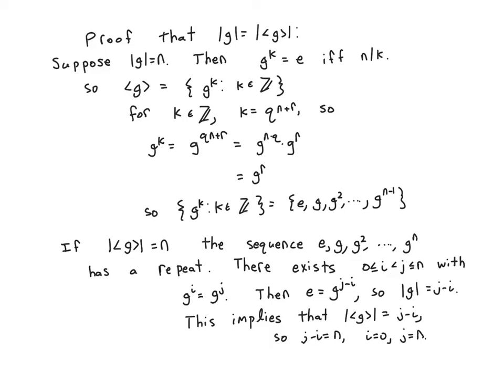Well, here's the proof. We know the definition of cyclic subgroup is the powers of G. Using the division algorithm, you can write K equals Qn plus R. So G to the K is equal to G to the R, as we've observed before. And so you can actually rewrite it as E, G, G squared up to G to the N minus 1.